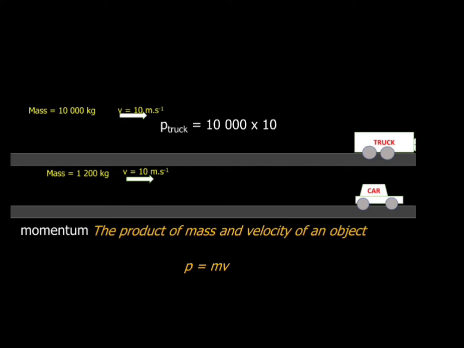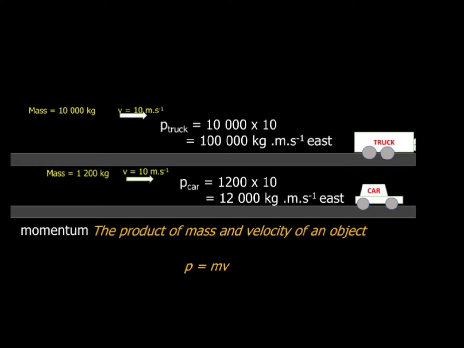So we can easily calculate the momentum of the truck by multiplying the 10,000 times 10 to give us 100,000 kilograms meters per second east. We could also calculate the momentum of the car by multiplying its mass and its velocity to give us 12,000 kilograms meters per second east.